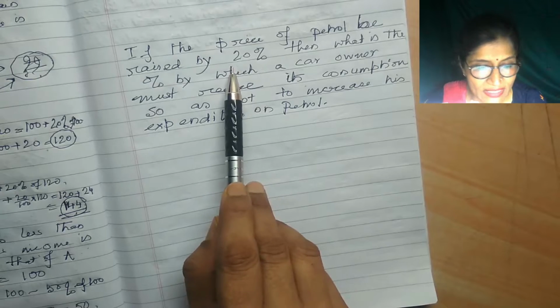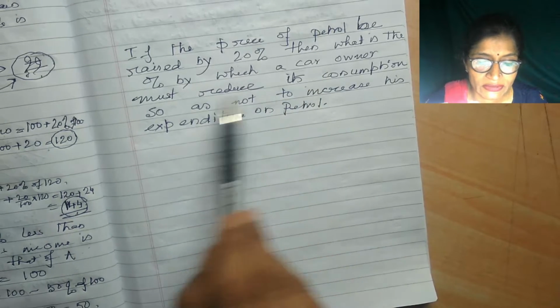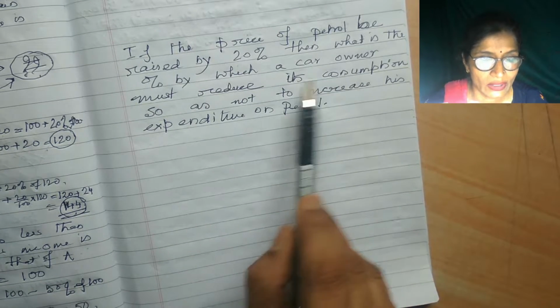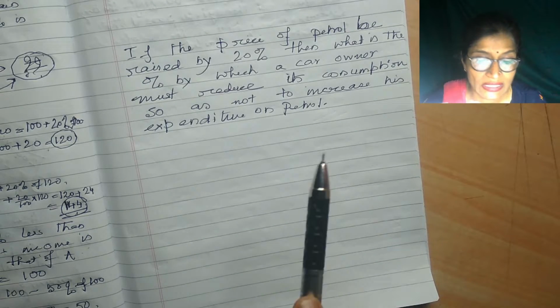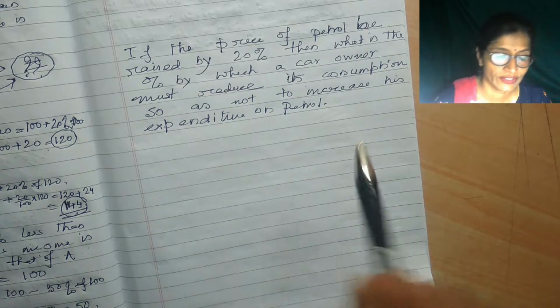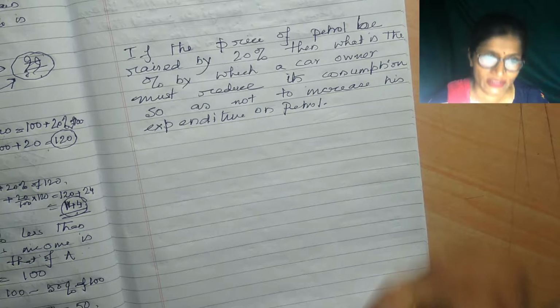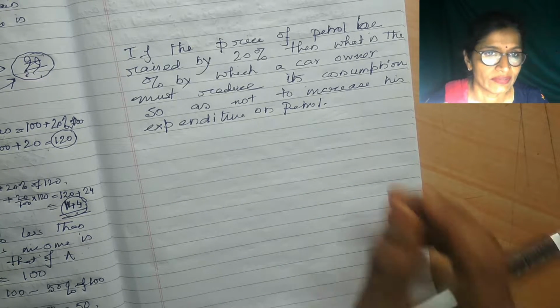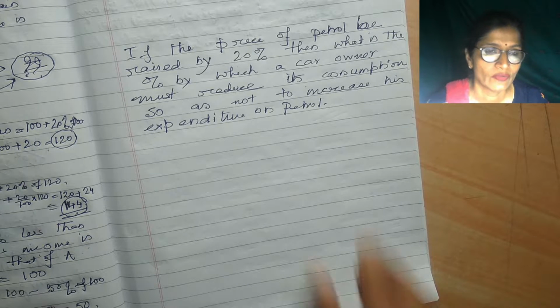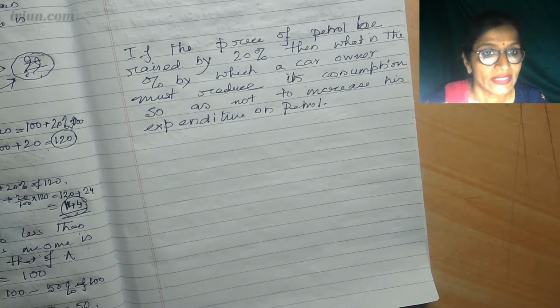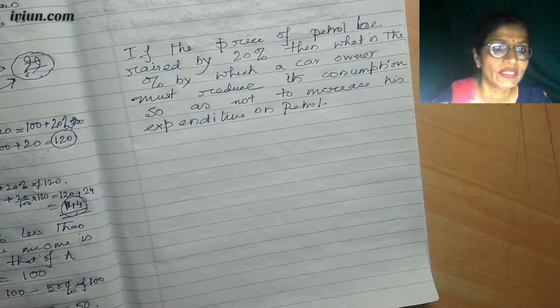Since the price increases, the car owner reduces his consumption, and reduces it in such a way that there will be no extra expenditure. Generally, whenever the price of something increases, we purchase less so that our expenditure will be maintained.